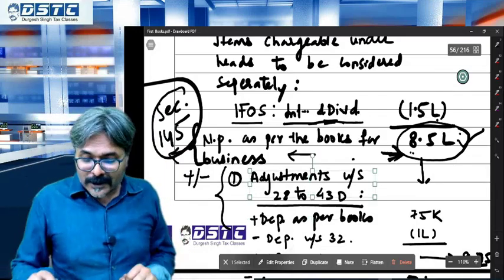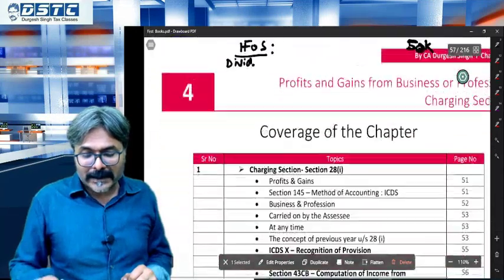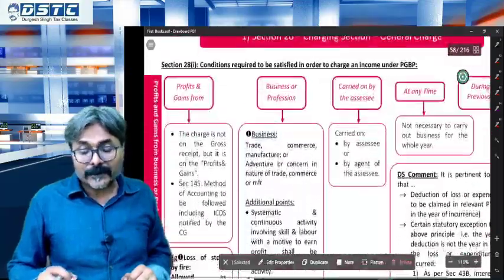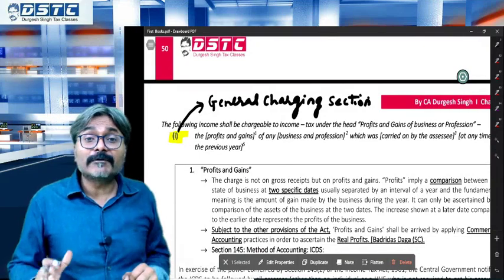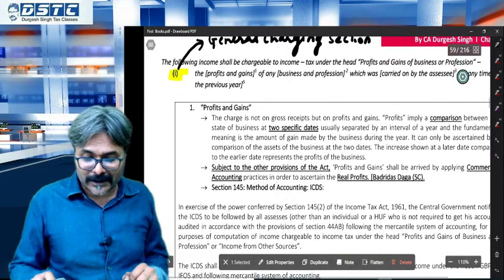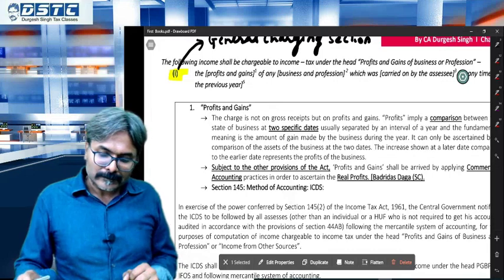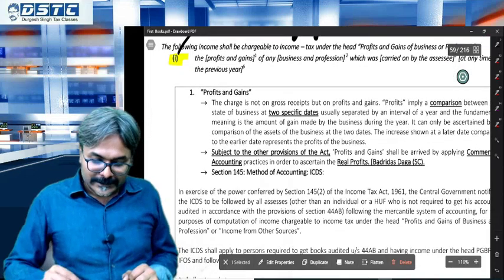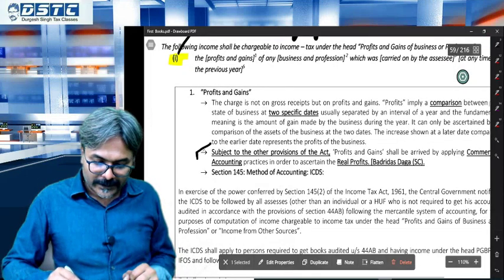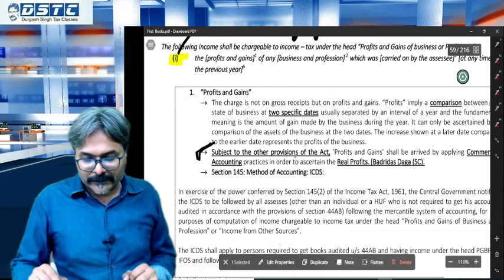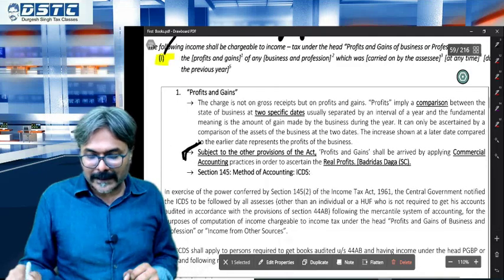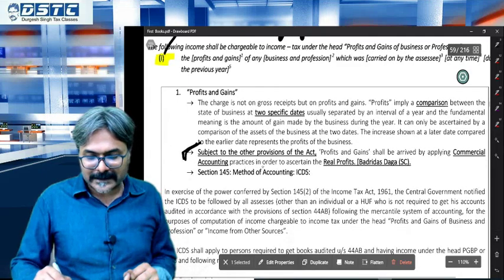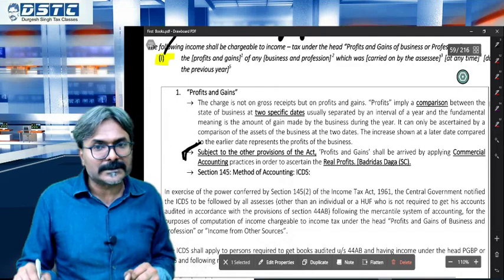So loss of stock by fire will be considered as an item eligible for deduction as per the commercial accounting principle. Students, see the point given here. Subject to the other provisions of the Act, profits and gains shall be arrived at by applying the commercial accounting practices in order to ascertain the real profits.